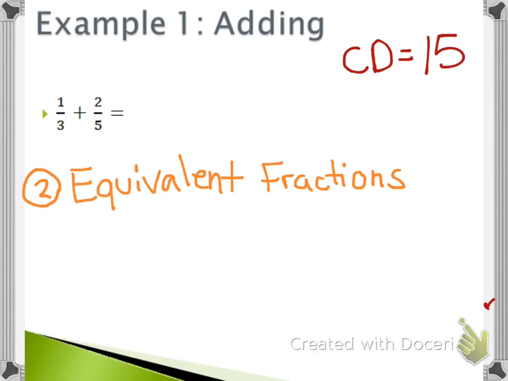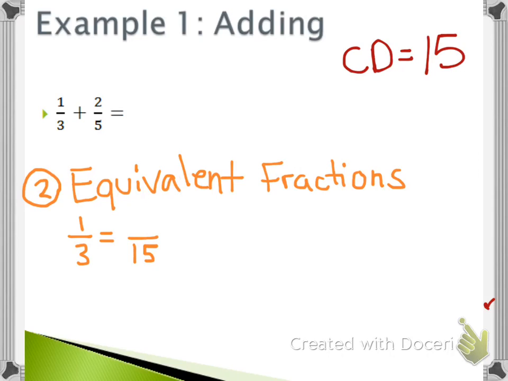And step 2 is we need to find equivalent fractions for 1/3 and 2/5. So in order to do that, I'm going to rewrite 1/3 down here, and I'm going to set it equal to an equivalent fraction that has the common denominator of 15 as its denominator. So I need to figure out what my numerator is going to be in the equivalent fraction.